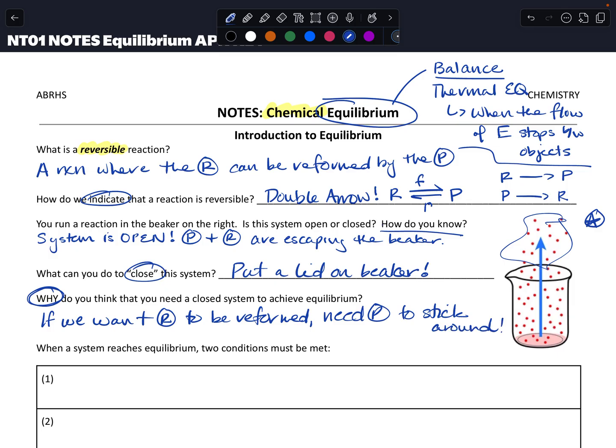If the system is open, if there's no lid on the beaker, then the products can leave as soon as they form, and we can't monitor the reforming of those reactants. So we really need all of our components, whether they're reactants or products, to stay within the system. So to do that, we close it. So you have to have a reversible reaction and the system has to be closed, okay?